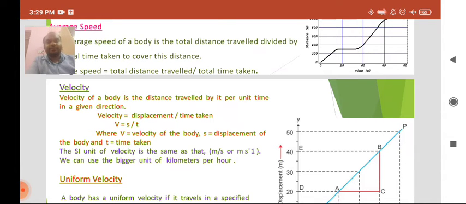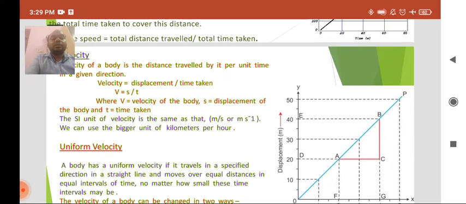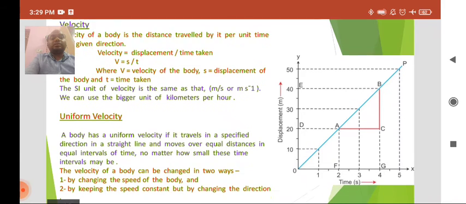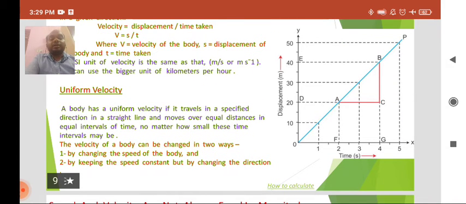So the SI unit of velocity is the same, meter per second, in other words meter second inverse. We can use the bigger unit of velocity, kilometer per hour. The smaller unit, the SI unit of velocity, is meter per second, and the bigger unit of velocity is kilometer per hour. So, uniform velocity.